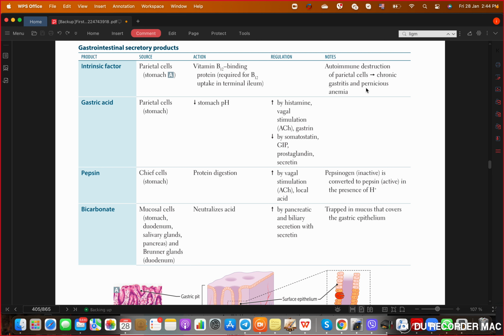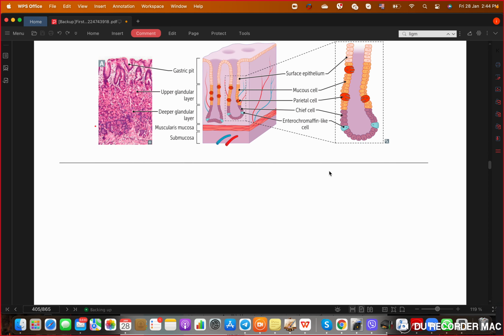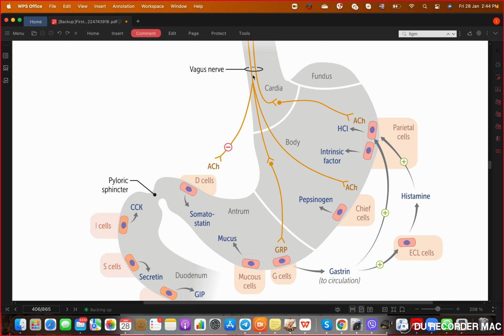Yes. So gastric acid in the parietal cells is secreted by stimulation by histamine and vagal stimulation. Let's try to understand this point. Here is the vagus. It stimulates the GRP, gastrin-releasing peptide, working on the G cells to make gastrin, which stimulates the parietal cells to make HCl.